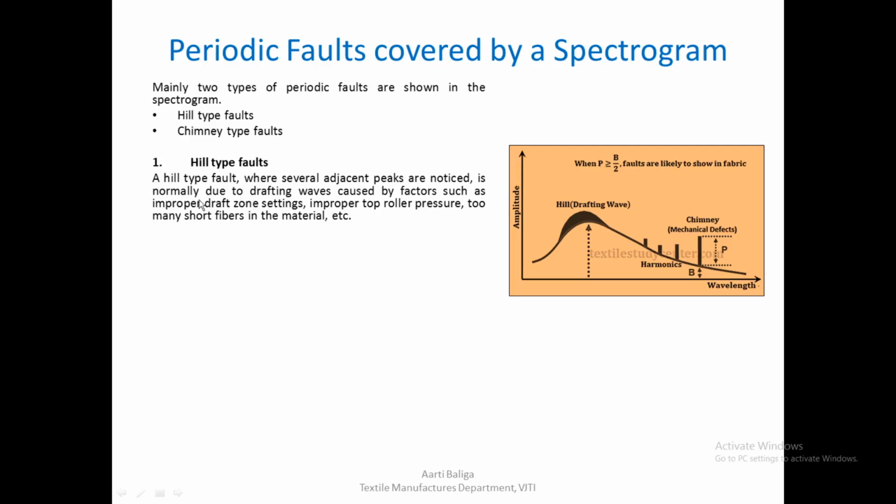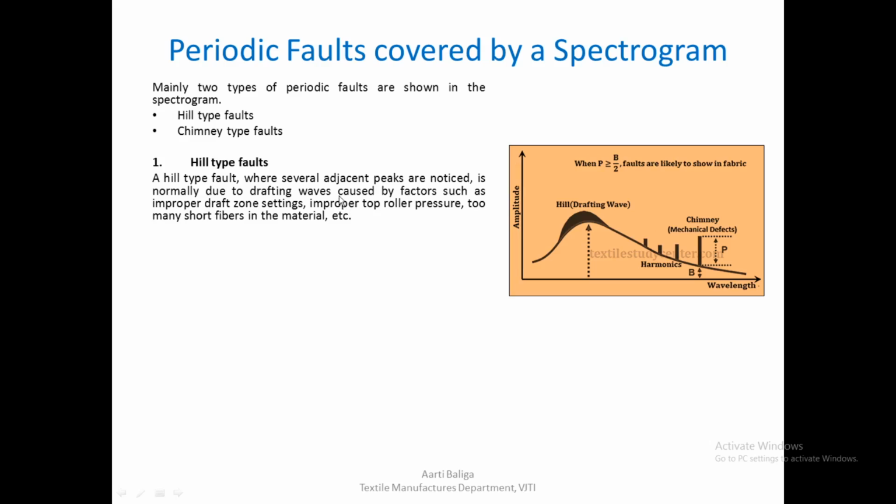So hill type faults, let us understand. A hill type fault, where several adjacent peaks are noticed, is normally due to a drafting wave. Now if you see a deviation from the normal over here, that deviation would be due to the drafting wave, and it will not be just one column over here.